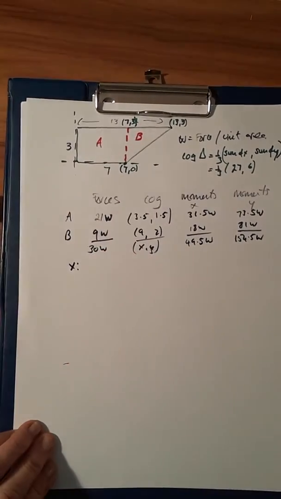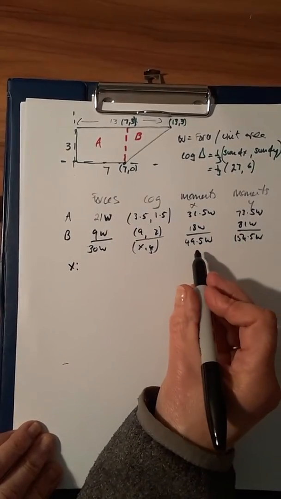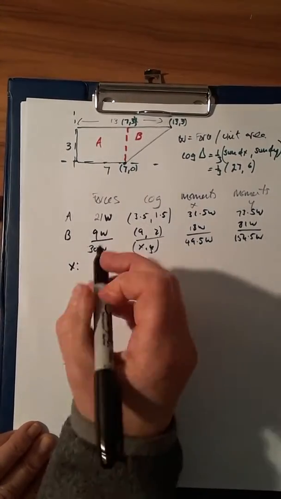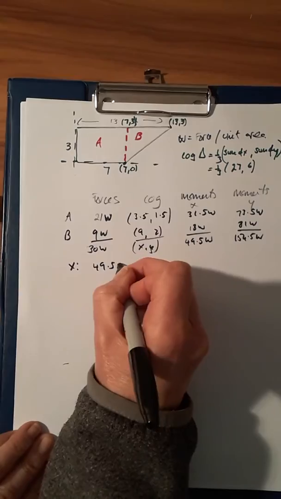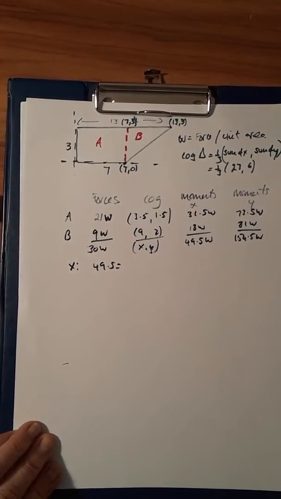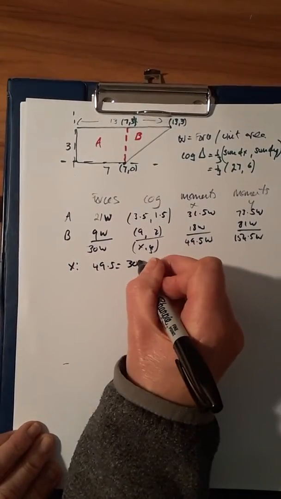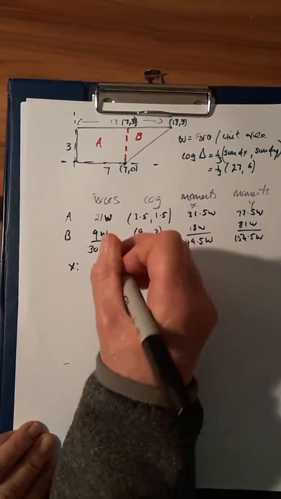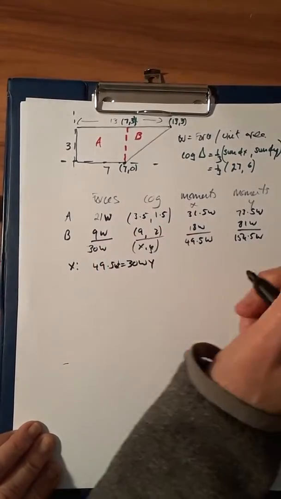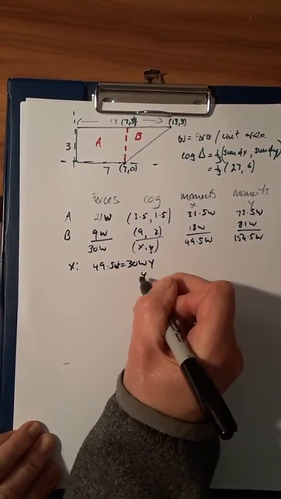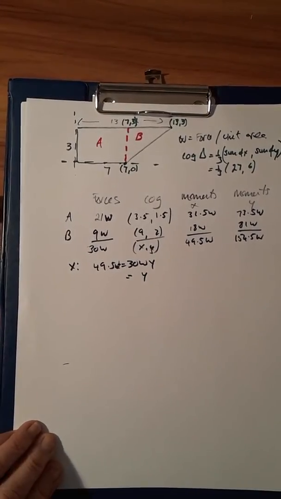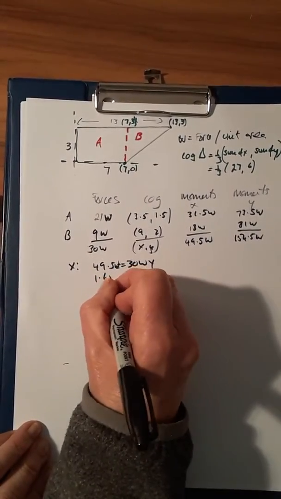Let's see what's happening with the x-axis. The sum of the moments about the x-axis is 49.5W, equal to the moment of the sum, 30W by y. That gives me y equal to 49.5 divided by 30, which is 1.65.